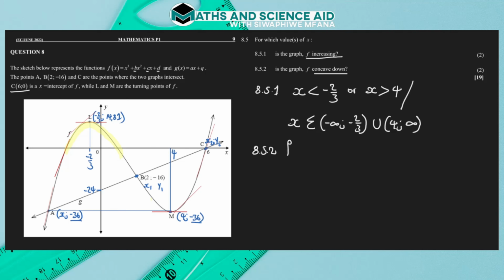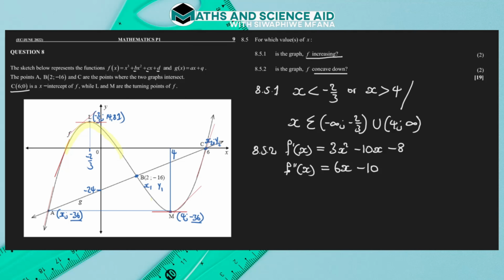So since we already know the first derivative of our function f, which is 3x squared minus 10x minus 8, we need to differentiate it in order to get the second derivative, which will be 6x minus 10.